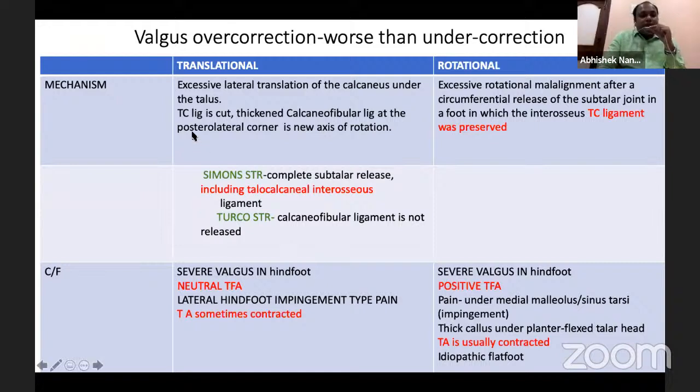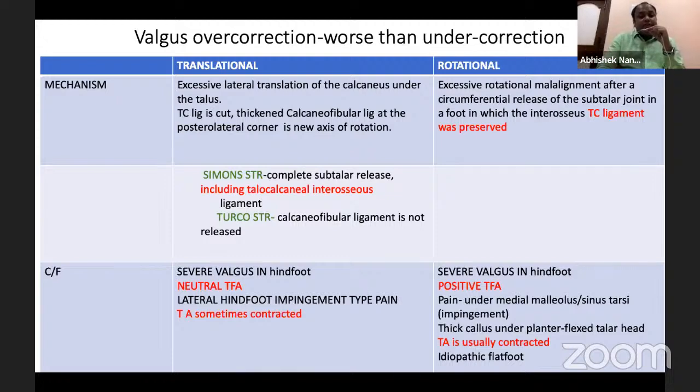If the talocalcaneal ligament is cut, it has been shown that the calcaneofibular ligament is thickened in CTEV. This calcaneofibular ligament becomes the new axis of rotation and it will pull the calcaneum towards it, so it will produce a translation kind of motion. But if the talocalcaneal ligament is preserved, it will form a rotational kind of mechanics and will form a rotational deformity.